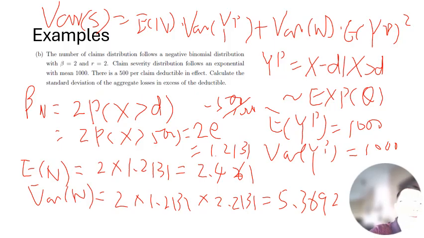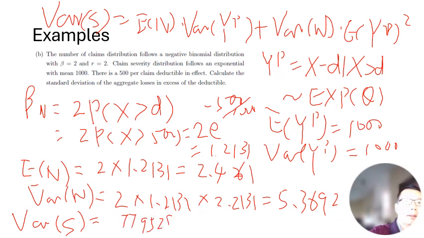Then eventually you can calculate VAR S using the formula to be 7795280.8, and the standard deviation will be the square root of that, which is 2792.